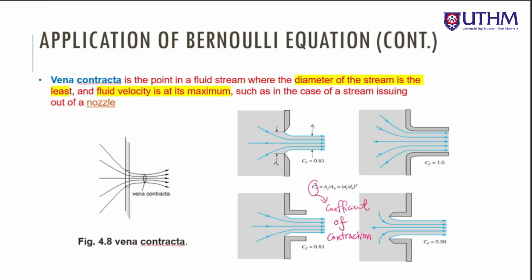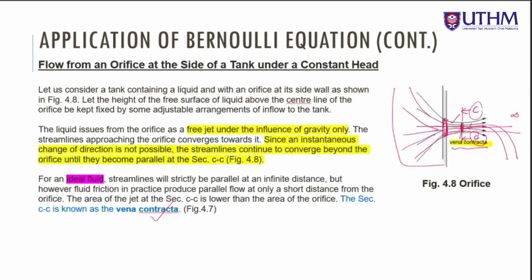Okay, so what is a vena contracta? It is the point in a fluid stream where the diameter of the stream is the least. Okay, kalau kita tengok dekat gambar tadi, sekejap saya padam semula. Betul tak? Diameter dia adalah paling kurang kan, dia paling kecil kat sini kan. Kat sini kan semua besar, lepas tu dia converge kat sini, lepas tu dia besar balik, ataupun bentuk ikutlah bentuk macam mana.